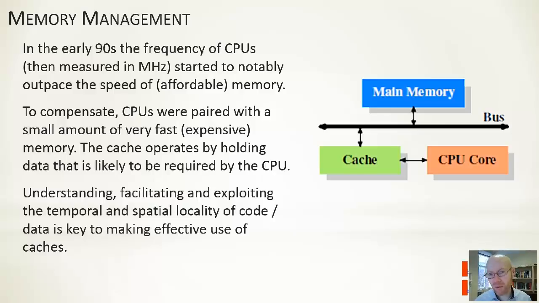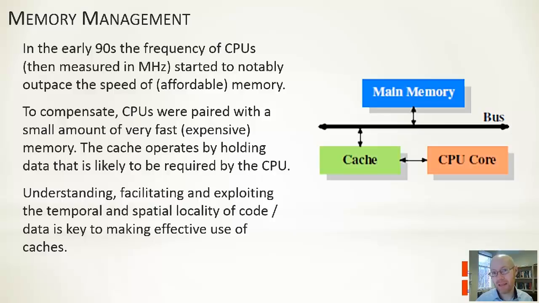Now that's good. That means it's faster than main memory. And the whole notion of a caching algorithm is that in that small clump of very high performance, very fast memory, you put the data that you believe the CPU will want to access in the future. So there's a degree of speculation, and there are algorithms for determining what you populate that cache with.